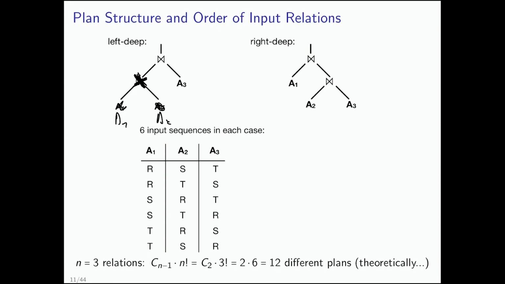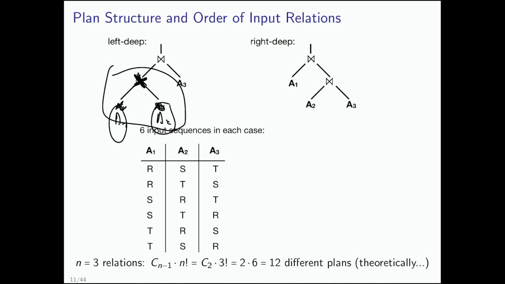Shouldn't I say, come on, that's a cross product. The result has the number of tuples from the left times the number of tuples from the right. So the result will increase dramatically. Why should I consider that? Shouldn't I restrict my search to the situations where there is a join predicate specified between the inputs?